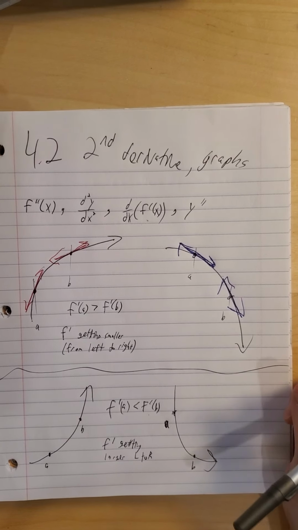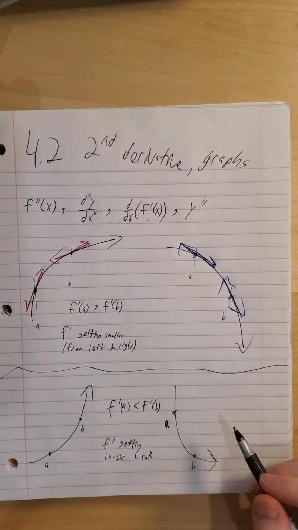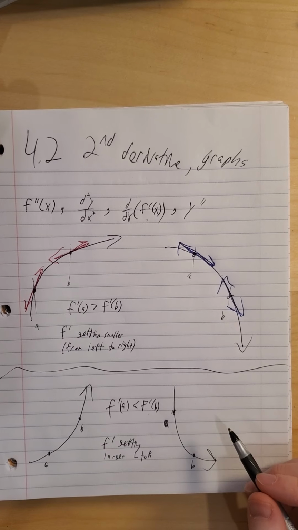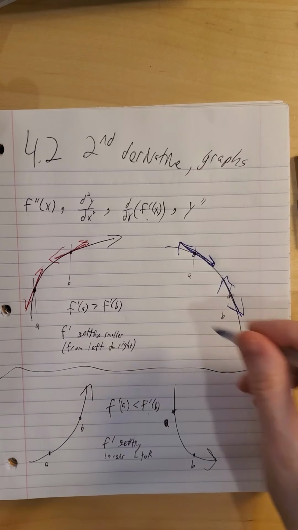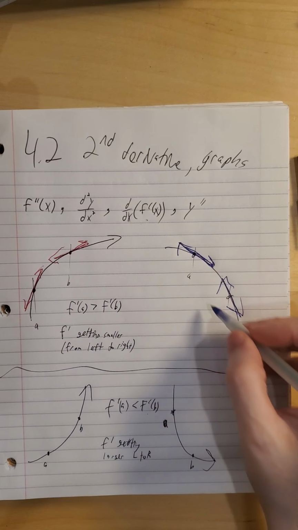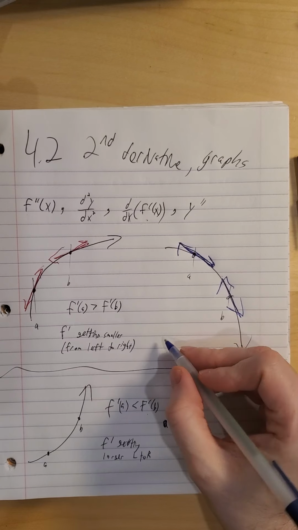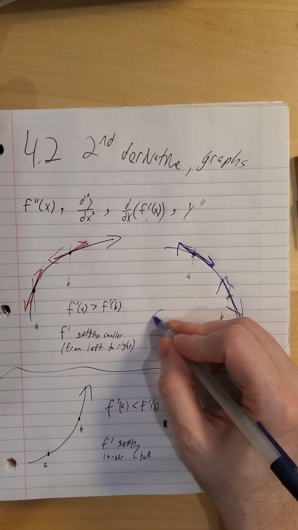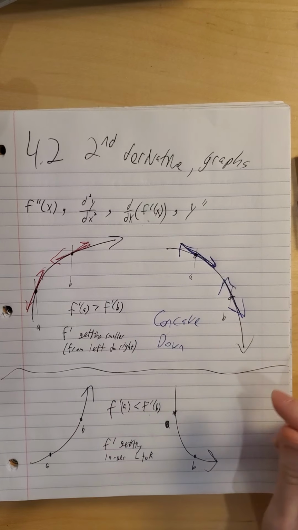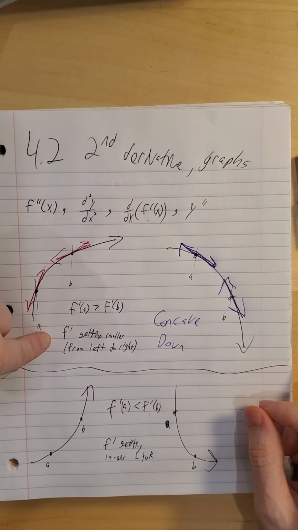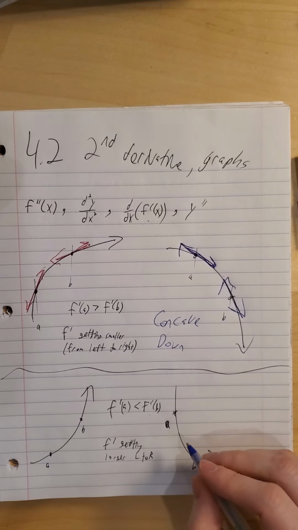So this introduces the idea of concavity. These two would be considered concave down. F prime is decreasing.